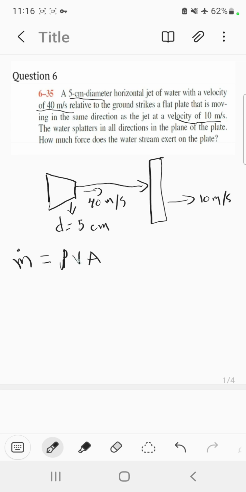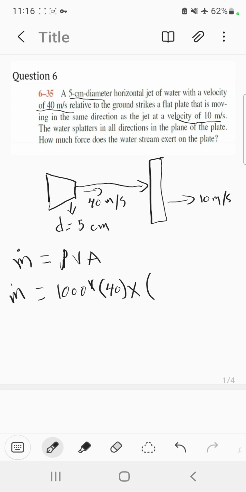We know the velocity, which is 40 meter per second, but we don't know the area, but we have the diameter, so we can get the area. So mass flow rate equal to 1000 times 40 times, we know the area for this shape is equal to pi d square over 4.